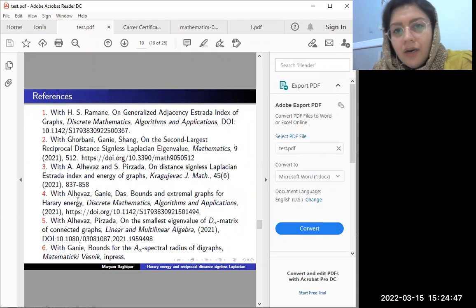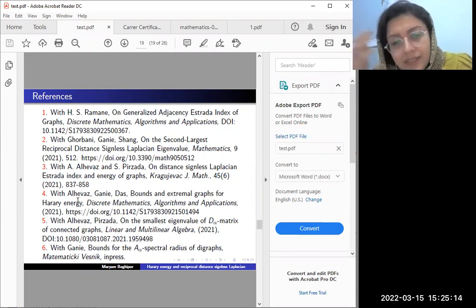And this talk was about some of my papers. In fact, we obtained some new results for different concepts in spectral graph theory. For example, we worked on Estrada index, Gaussian Estrada index, sums of eigenvalues, sums of power eigenvalues, Harary index, Wiener index, Szeged index.